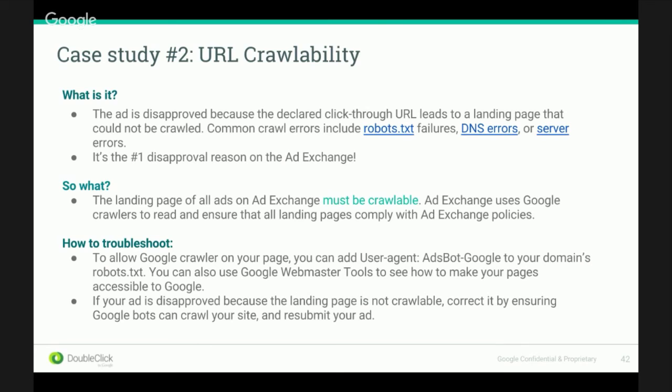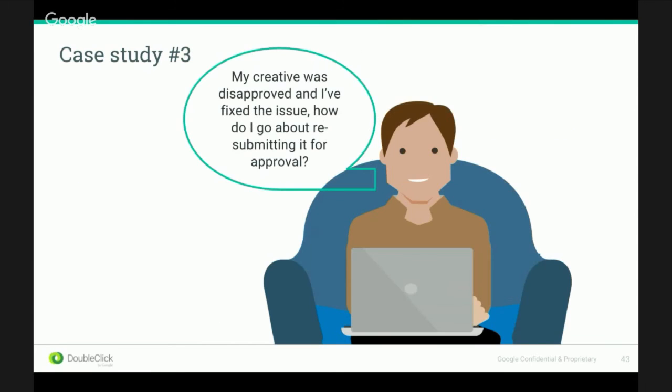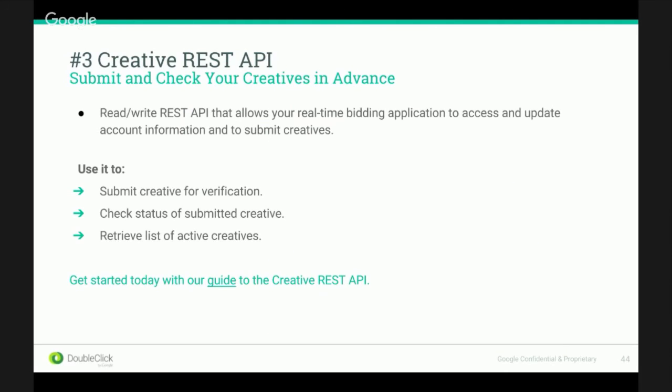Okay, this goes nicely onto case study 3, which is: my creative was disapproved, say for the URL crawlability issue, and now you've fixed it. How do I go about resubmitting it for approval? What's the best practice on resubmitting your fixed creatives? The highest recommendation is to use the Creative REST API.